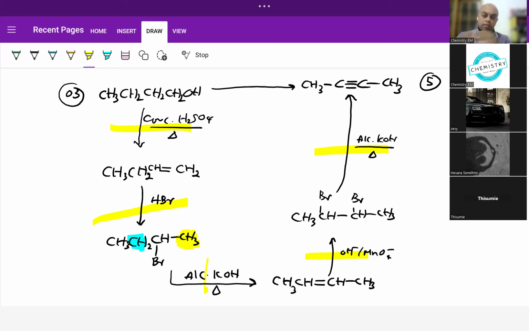Yes, answer: a substance used to increase the rate without net consumption. Okay, that answer is partially correct. A substance used to increase the rate without net consumption.